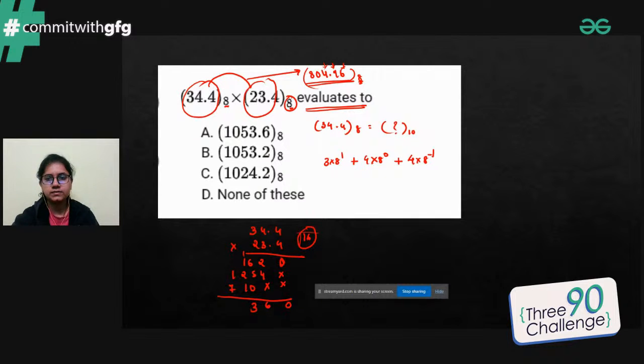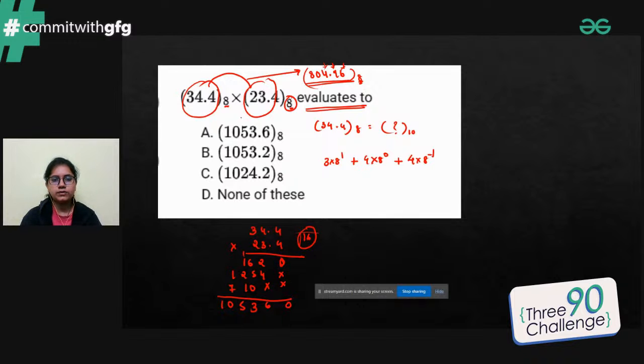Option A is correct. But have you got the short form of this, like without conversion, how you can do this? So this will be 105.